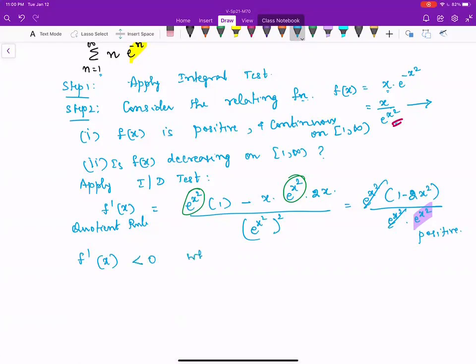It's possible when 1 minus 2x square is less than 0, or 2x square is more than 1, or x square is more than 1 half. By taking the square root, you get x is more than 1 over radical 2.